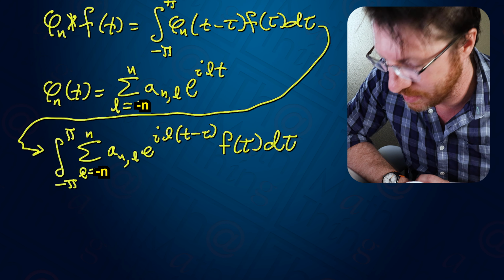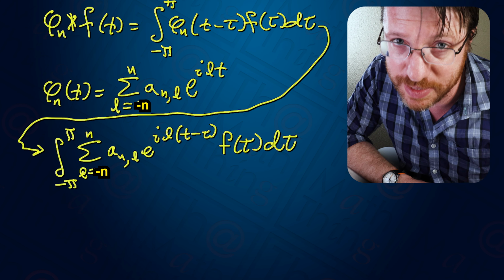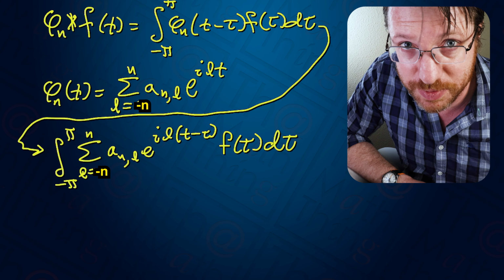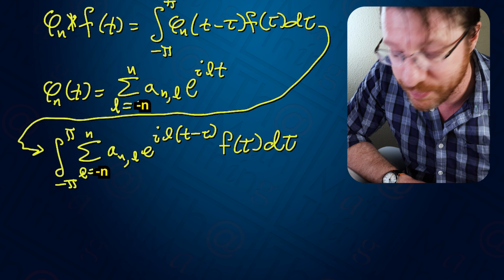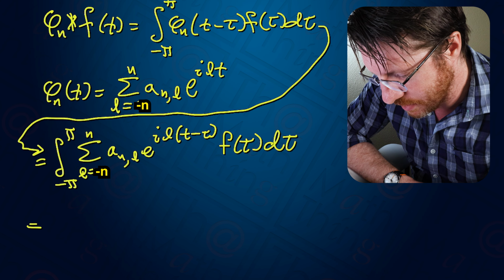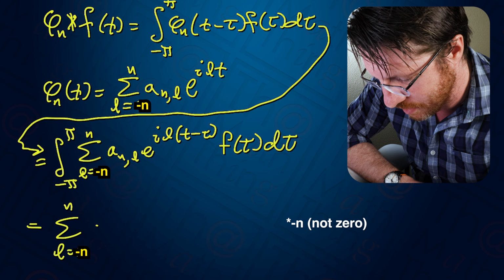So now what we're going to do is I see that the t's are actually independent of tau, which means that if I can isolate them as coefficients, I can go ahead and factor them out. And they'll actually just be the terms of our trigonometric series. And so what this gives me then is we have the sum l equals 0 to n of a n l.